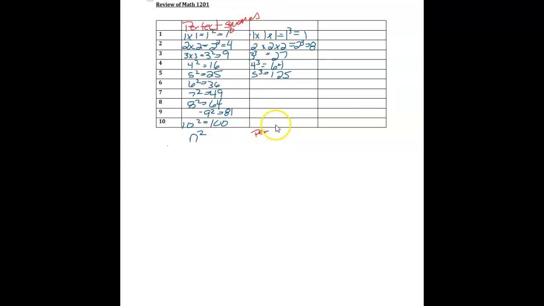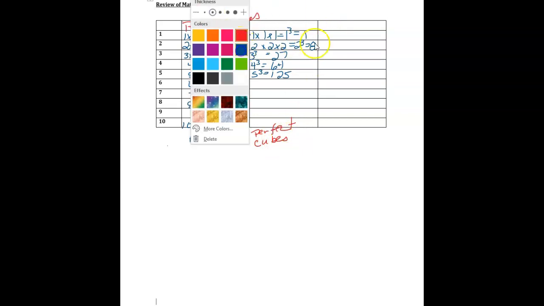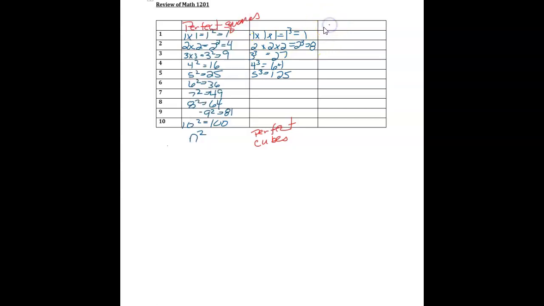So this again is a review of 1201. And actually, you could raise a number to any power that you want. Here it's a number cubed, but we could do a number to the power of 4, 5, 6, 7, or 10.